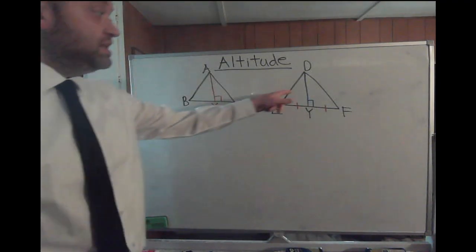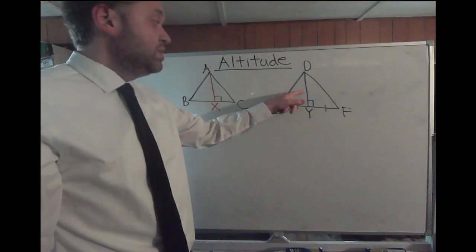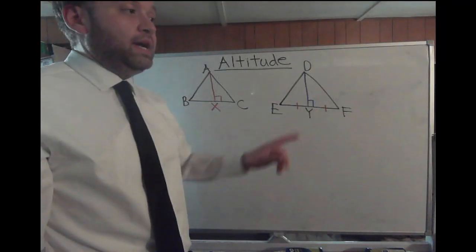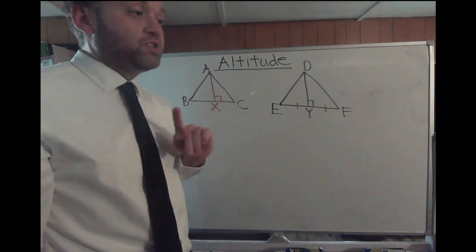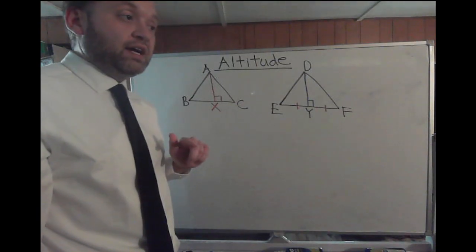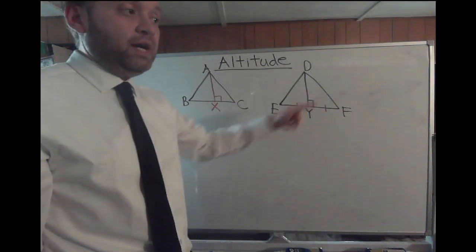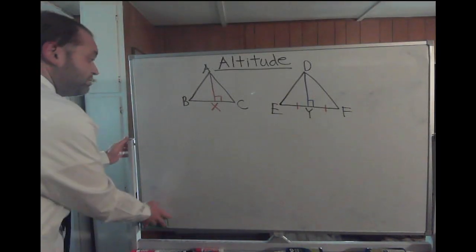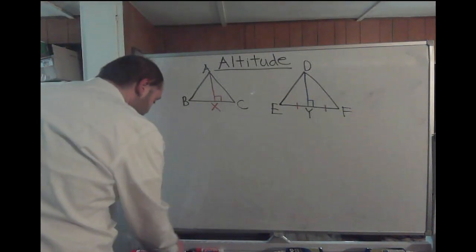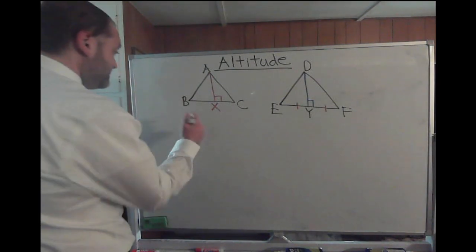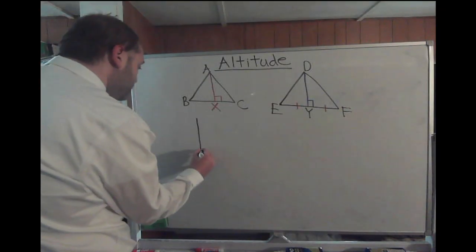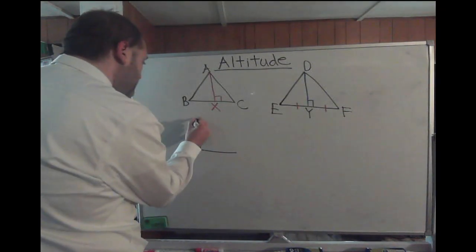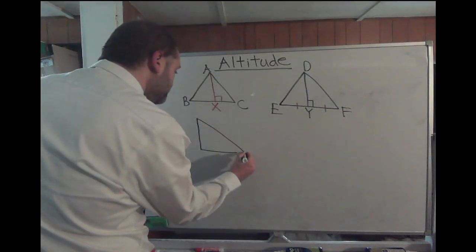And this line actually here, the DY, is going to be one more thing which we're going to talk about in a minute called the perpendicular bisector. It would also be that, but we'll talk about perpendicular bisectors in just a minute. Now let's talk about right triangles.